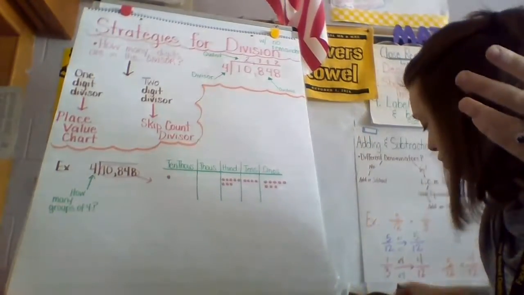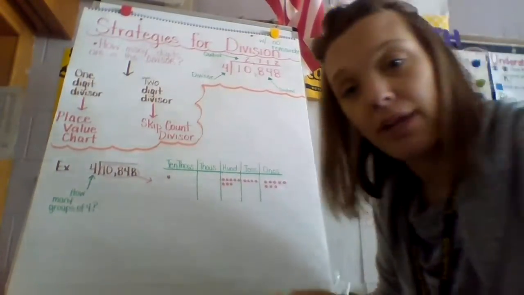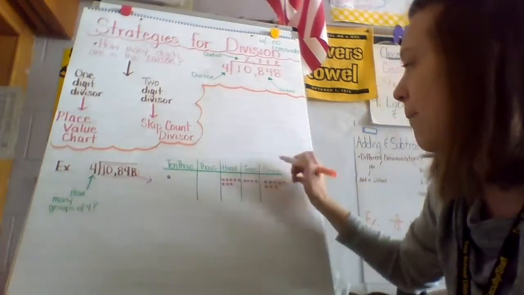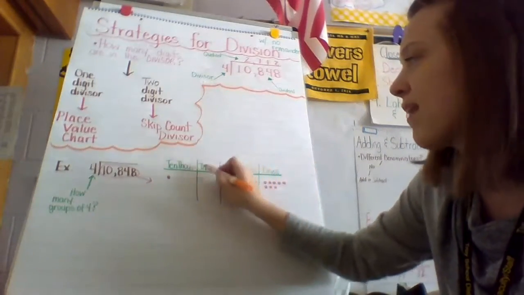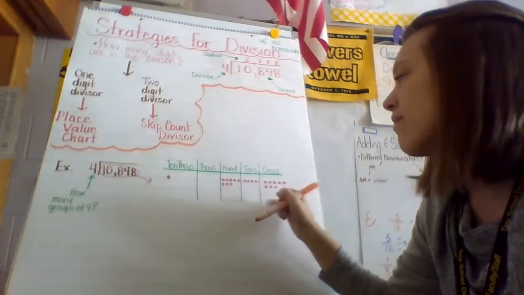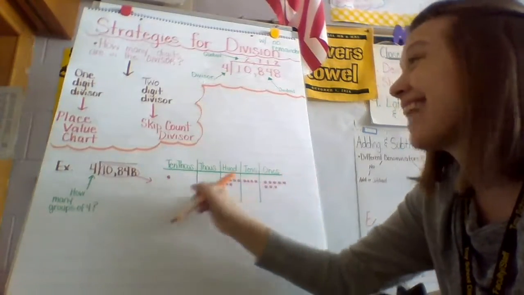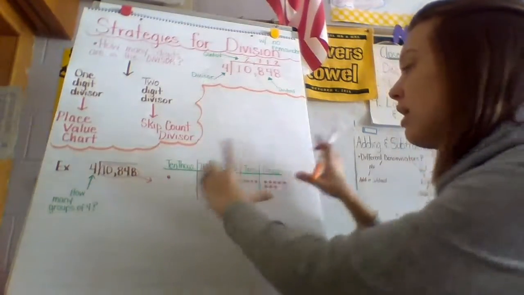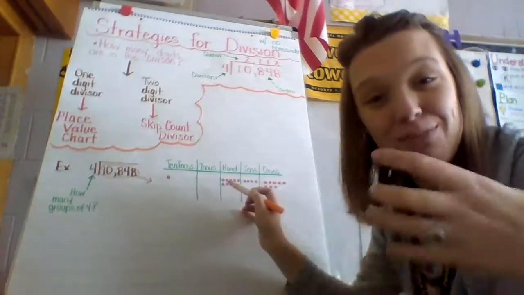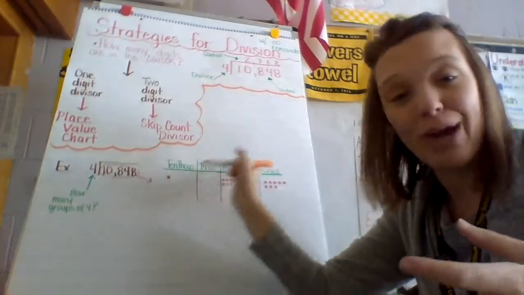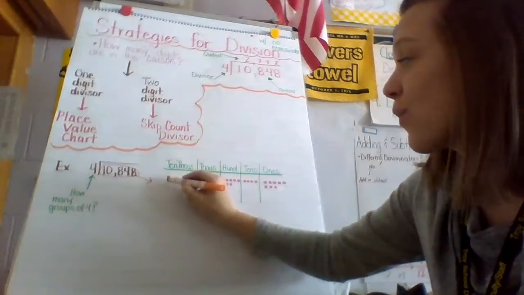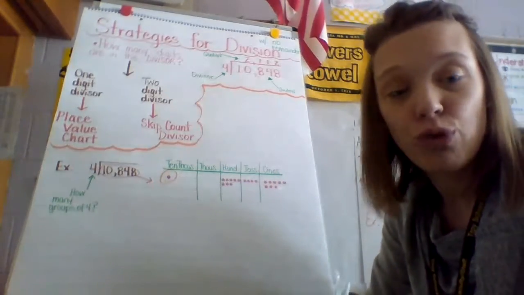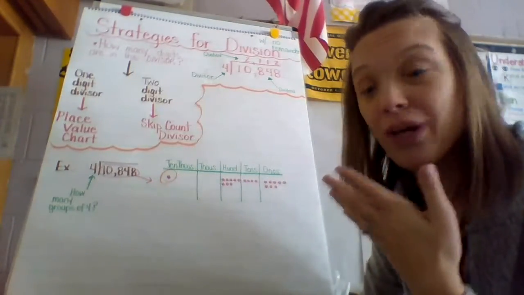Now, my students know from 4th grade and from the beginning of this year that when we shift place values moving left, our values multiply by 10. When we work the other way, we're dividing by 10. So I cannot make a group of 4 here.